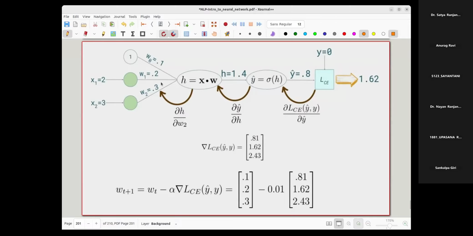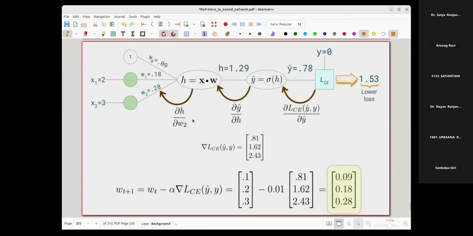This is 0.1, 0.2, 0.3, the old W, minus the learning rate, times the gradients you have calculated. You just update it and you get a new W. So previously W0 was 0.1, after one iteration it becomes 0.09. Previously W1 was 0.2, now it is updated to 0.18. Okay, and W2 becomes 0.28.